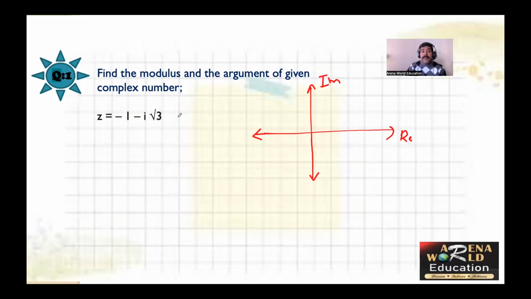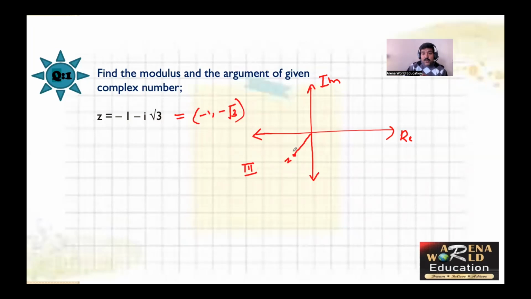This is your Argand plane. In terms of coordinates, it will be (-1, minus root 3). Both are negative, so yes, it will be in the third quadrant. The position will be like here, and this is Z. What is the first step?